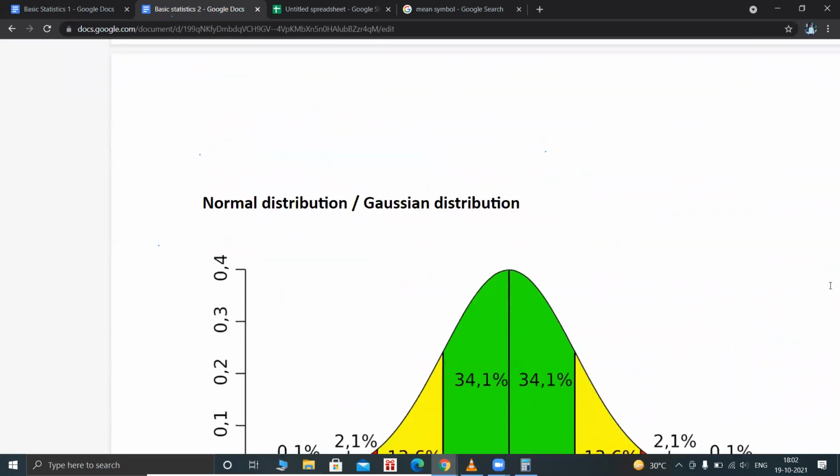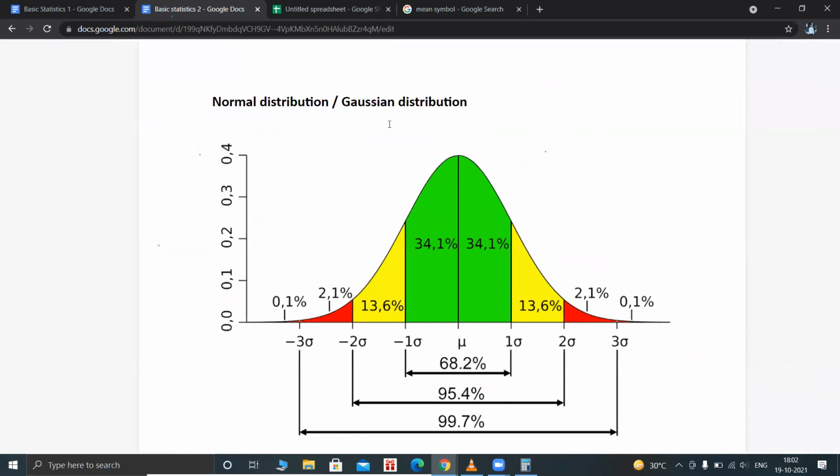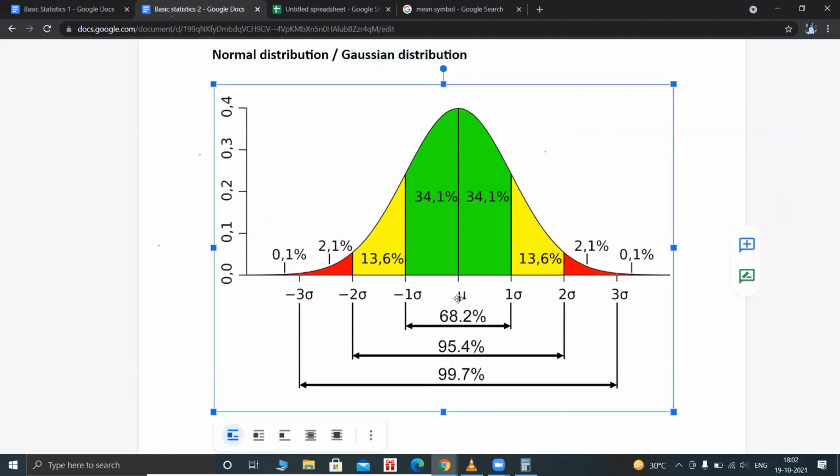See here, guys, just try to observe this diagram, which is a normal distribution or Gaussian distribution. This was my mean here, and from here to here, guys, whatever green part you can see is called one standard deviation from the mean. Is my word clear, guys?